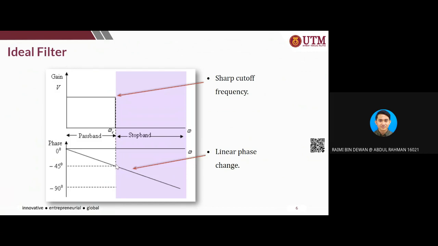So this is our negative phase change, and after that, further it will go to negative 90 degrees. So we will have a linear phase change in the filter.